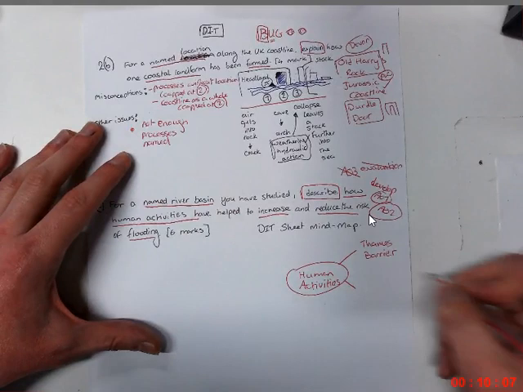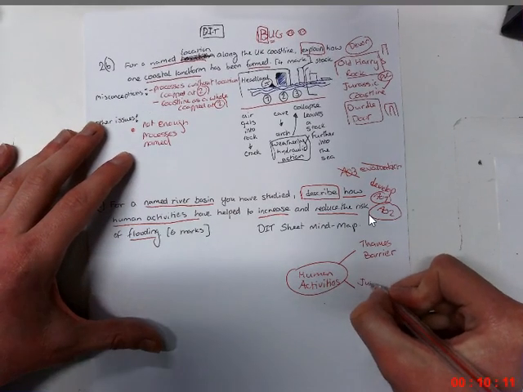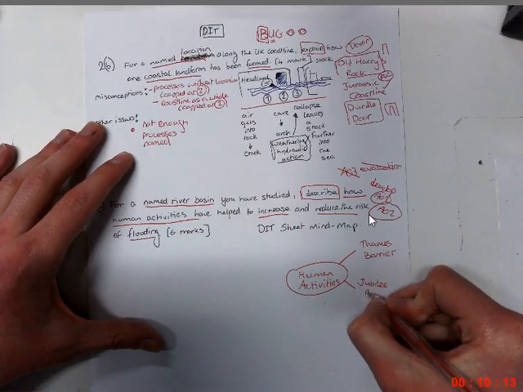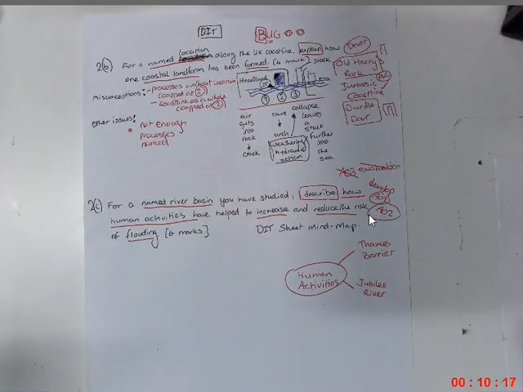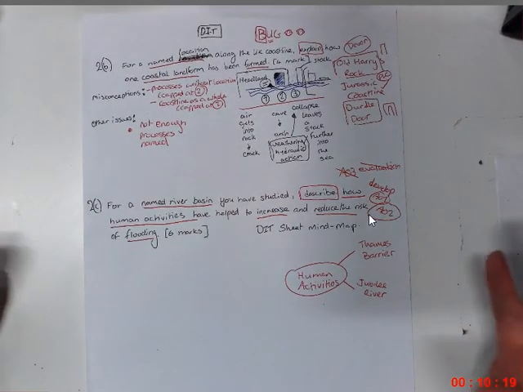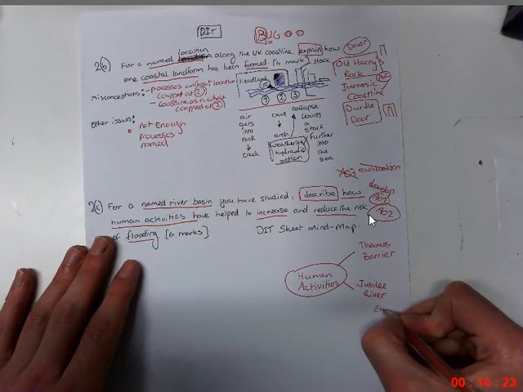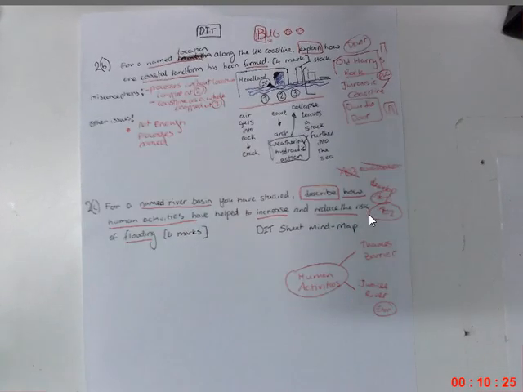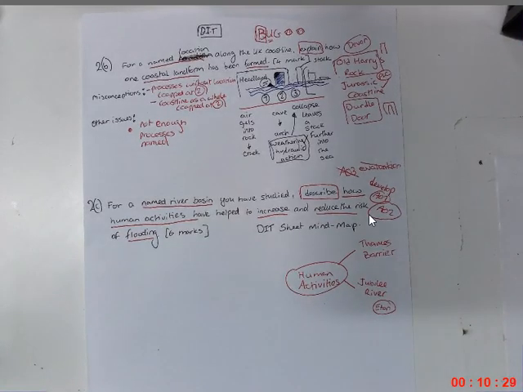Another human activity or human construction was the Jubilee River, which I mentioned previously there. This is an artificial river channel. It was originally intended to divert water away from places like Eton. I just spelled that for you. And it actually diverted water along this artificial channel towards places like Wraysbury and Staines.